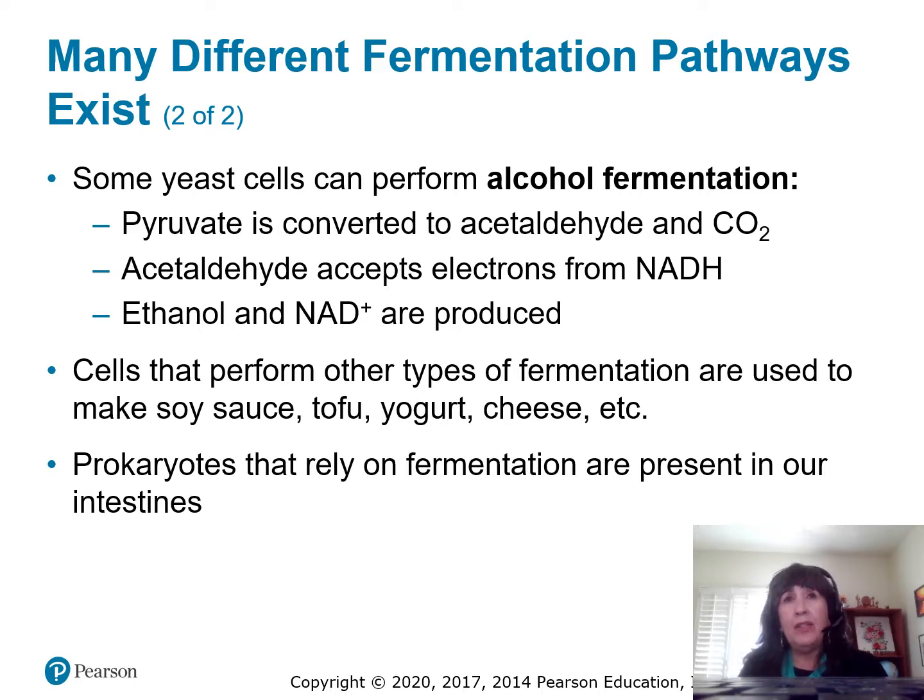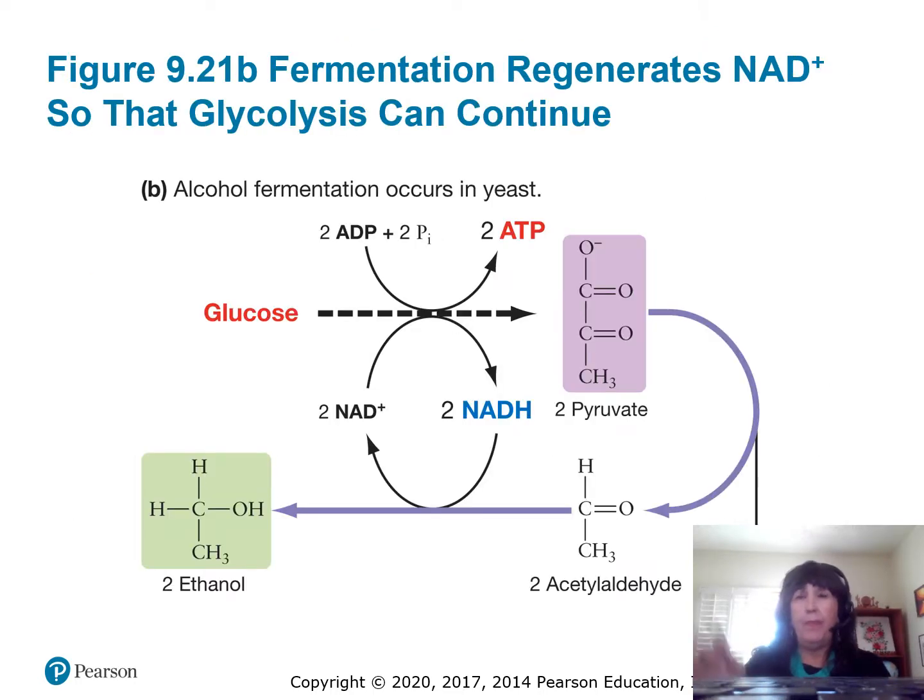And then cells that carry out other types of fermentation are used to make soy sauce, tofu, yogurt, and cheese. So we use fermentation in industry all the time to produce a lot of food products. Here you see fermentation, and in this case, these electrons are being accepted by some form of pyruvate that will eventually make ethanol.